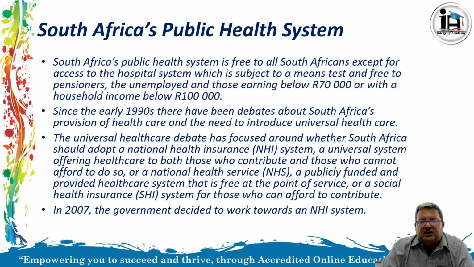to introduce universal healthcare. The universal healthcare debate has focused on whether South Africa should adopt a national health insurance, or in short the NHI system, a universal system offering healthcare to both those who contribute and those who cannot afford to do so, or a national health service, NHS, a publicly funded and provided healthcare system that is free at the point of service, or a social health insurance, SHI, system for those who can afford to contribute.